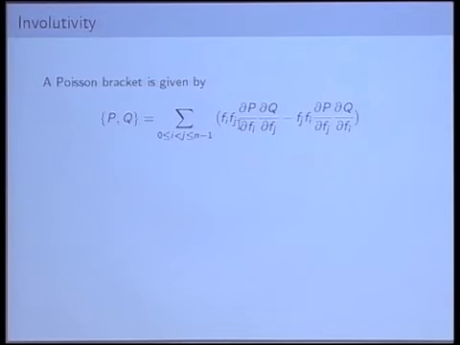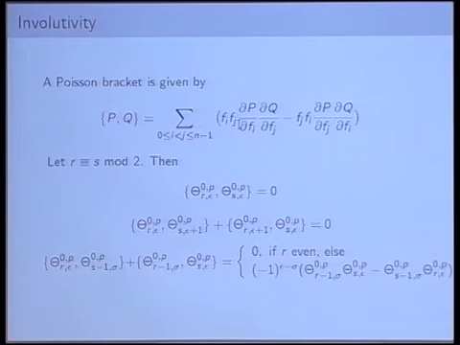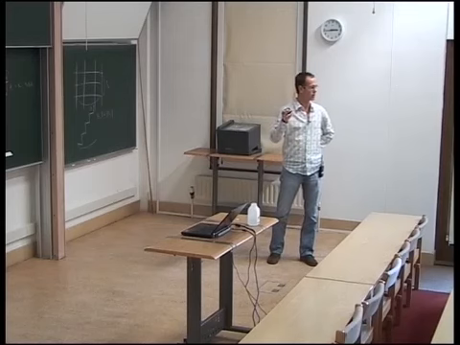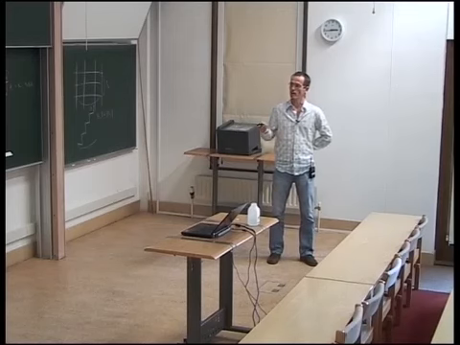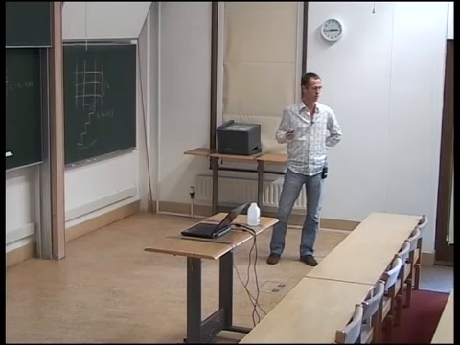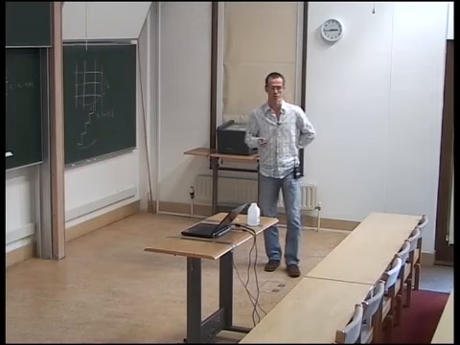Anyway, we can also do involutivity. This defines a Poisson bracket, and in fact for certain equations this is a symplectic structure. I believe this is from Sine Gordon, and when you take the periodicity to be even, then this is really a symplectic structure for the mapping that you have.